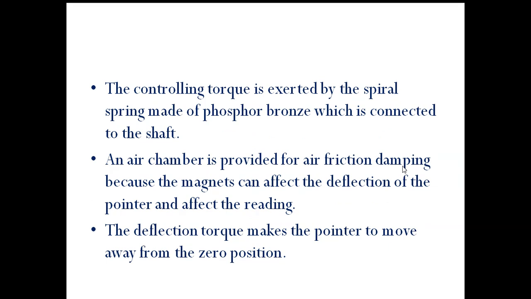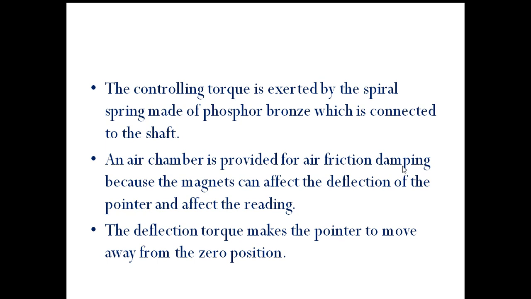The controlling torque is exerted by a spiral spring made of phosphor bronze, which is connected to the shaft. An air chamber is provided for air friction damping, because the magnets can affect the deflection of the pointer and affect the reading.